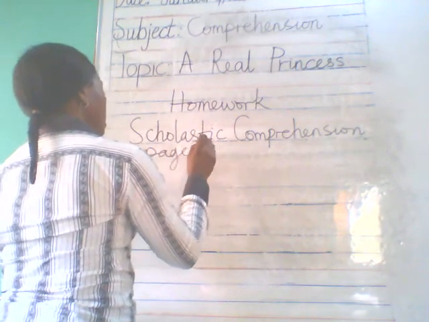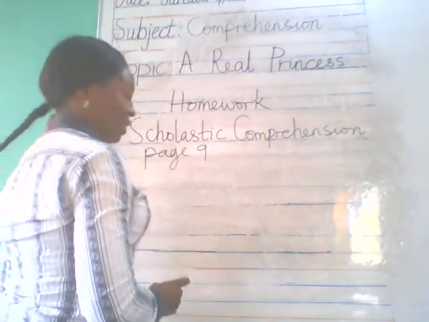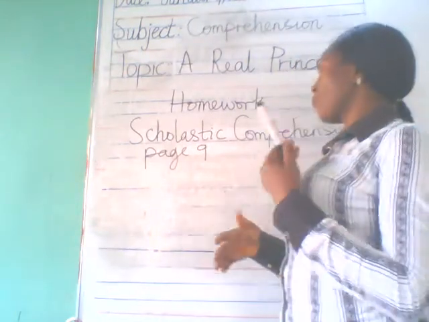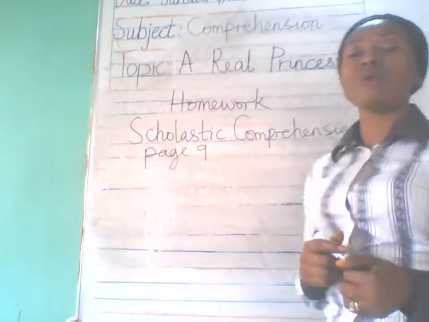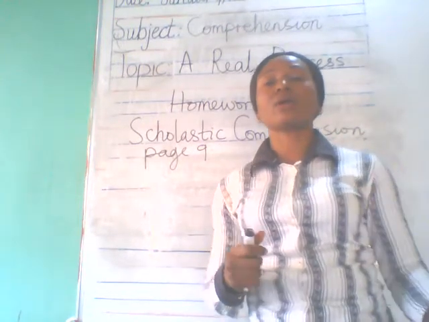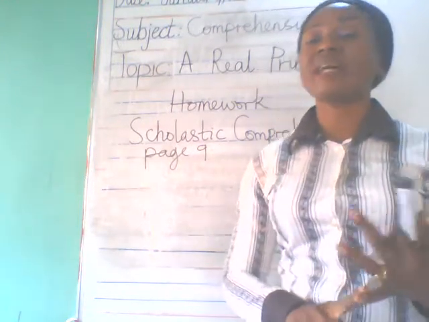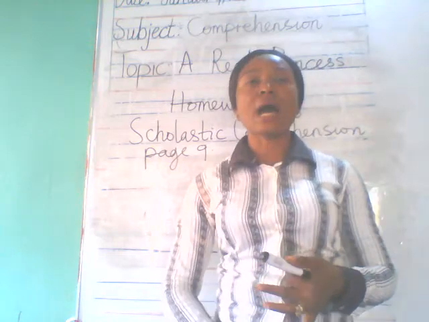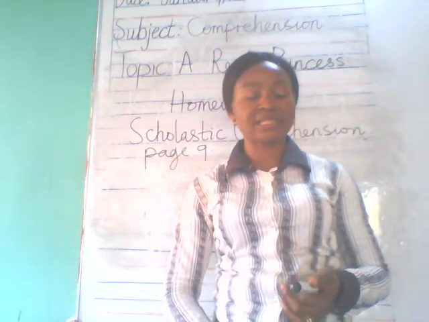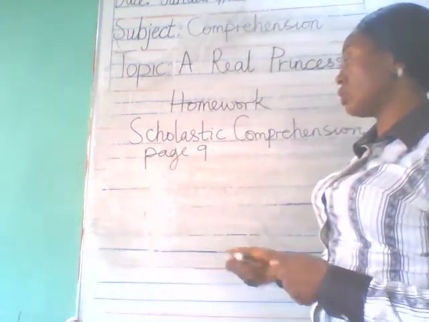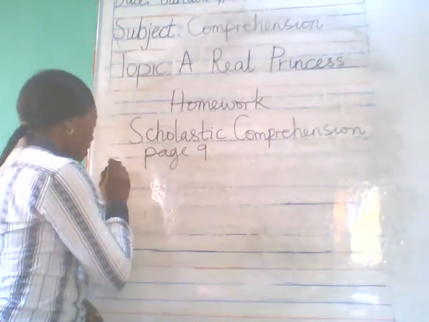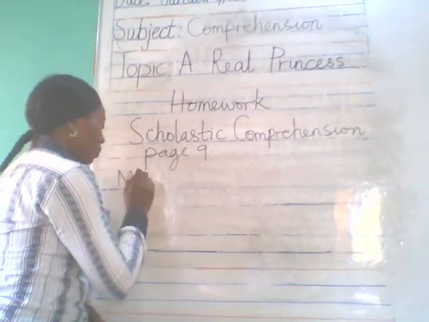Page 9. The next homework is about the words that we met across the passage. Find their dictionary meaning and make meaningful sentences with them. We'll do this in our exercise book and post on the platform.